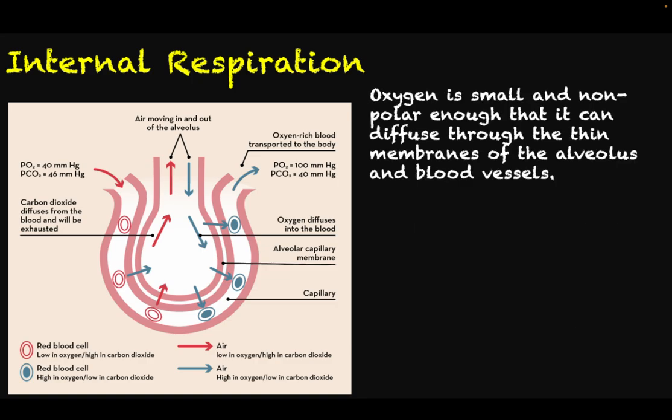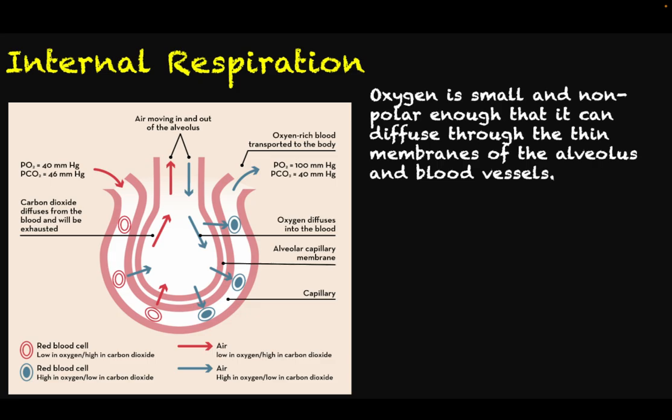So how is oxygen and carbon dioxide going to move through those membranes? Well, don't think of the membranes of the alveoli and the blood vessels as being just brick walls. They're not brick walls that nothing can get through. Oxygen is actually a very small and nonpolar molecule, very much like carbon dioxide. They are small and nonpolar enough that they can actually diffuse right through those thin membranes.